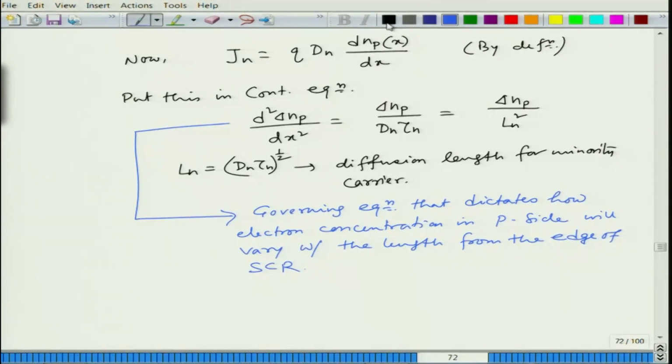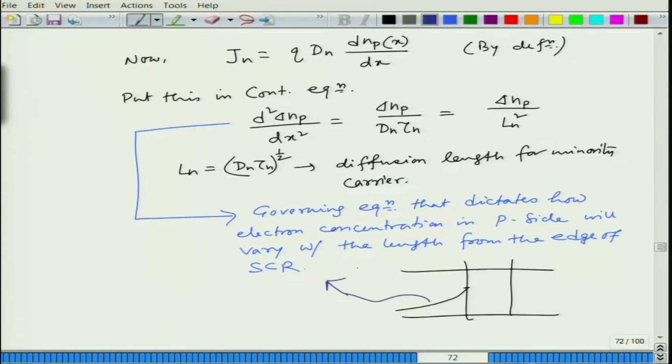So, earlier what we have seen is that if this is the space charge region, you have some concentration and it will vary. So, this governing equation tells us the form of this variation, which is obtained by solving this governing equation.